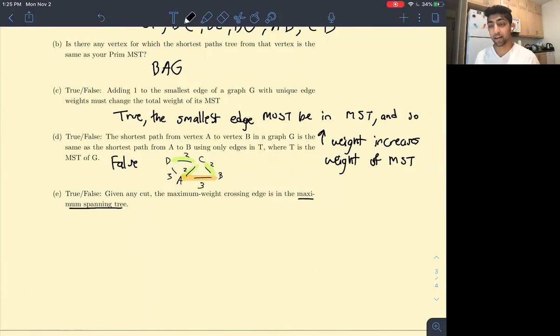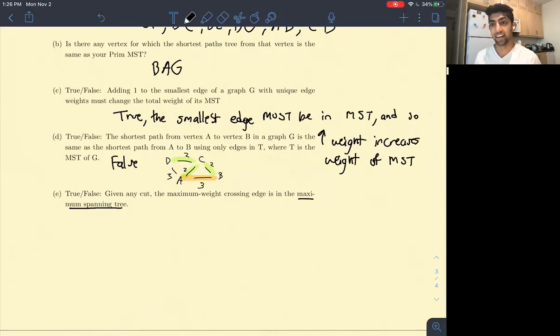A couple of ways of creating maximum spanning trees, just for your interest, are the way I said before, running Kruskal's with biggest edges first. We can also run Prim's, finding the largest edge spanning any cut. Another way is to negate all of the edges, run Prim's or Kruskal's, and then flip the edge weights back to positive after running.